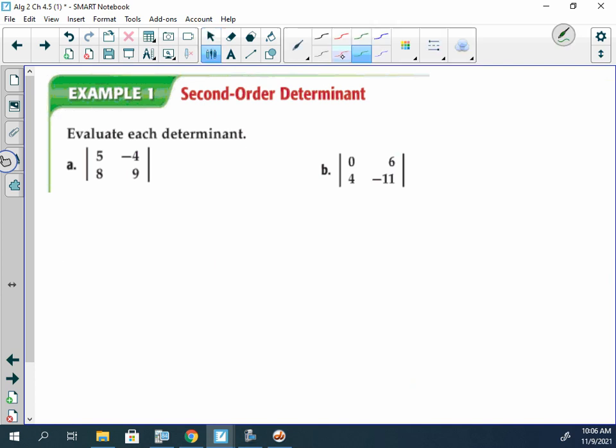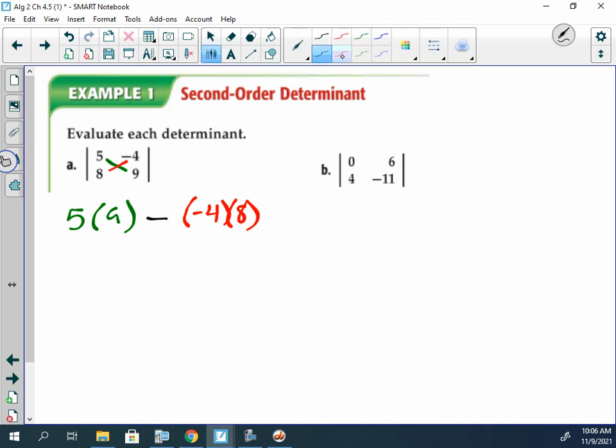So look at our first example here. The numbers going from left to right would be 5 times 9. And that's the only one. And we're going to subtract from it negative 4 times 8.